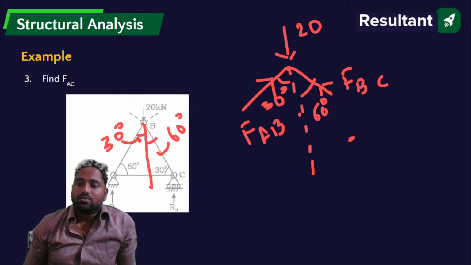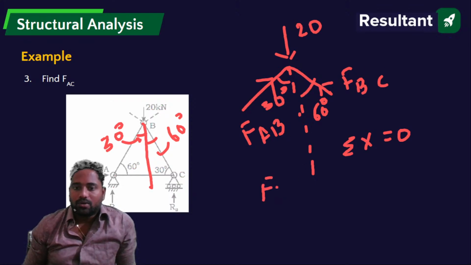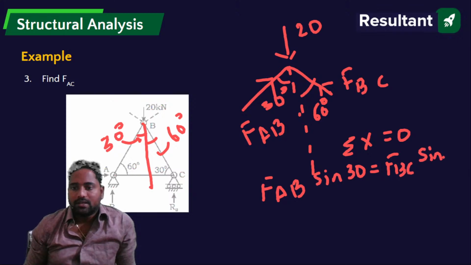So if I take summation of forces in x direction equals 0, FAB sin 30 will be like this, and FBC sin 60 will be like this, right? So you can write FAB sin 30 equals FBC sin 60.